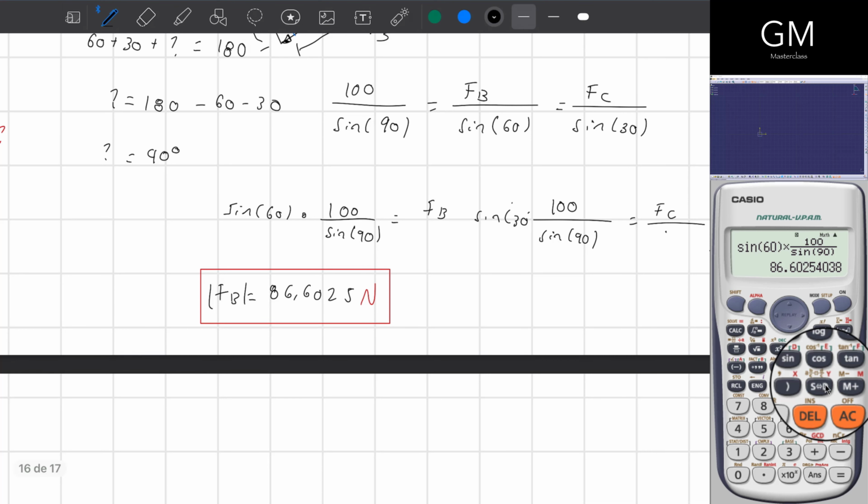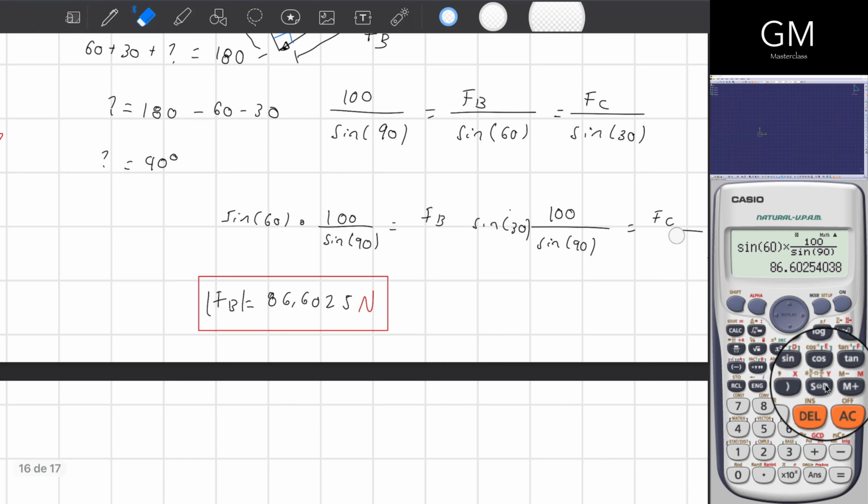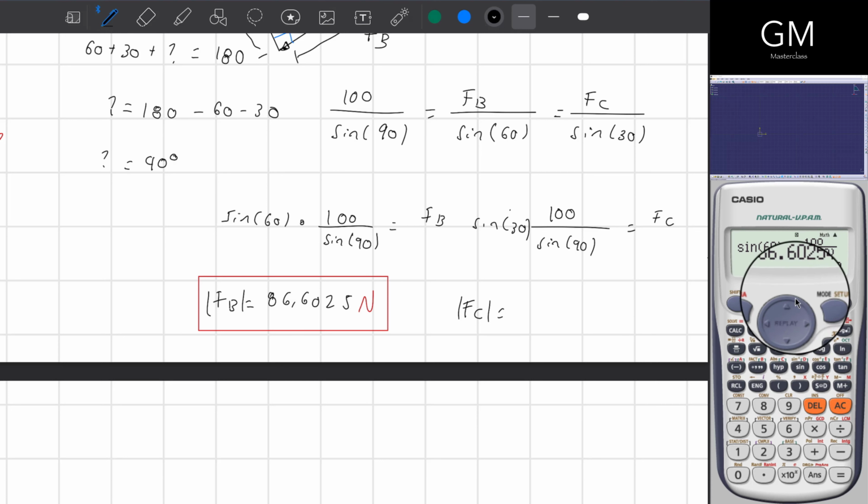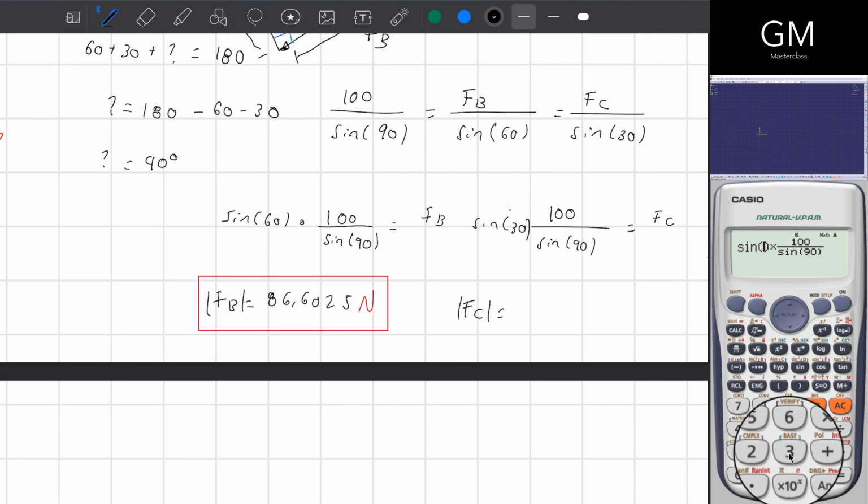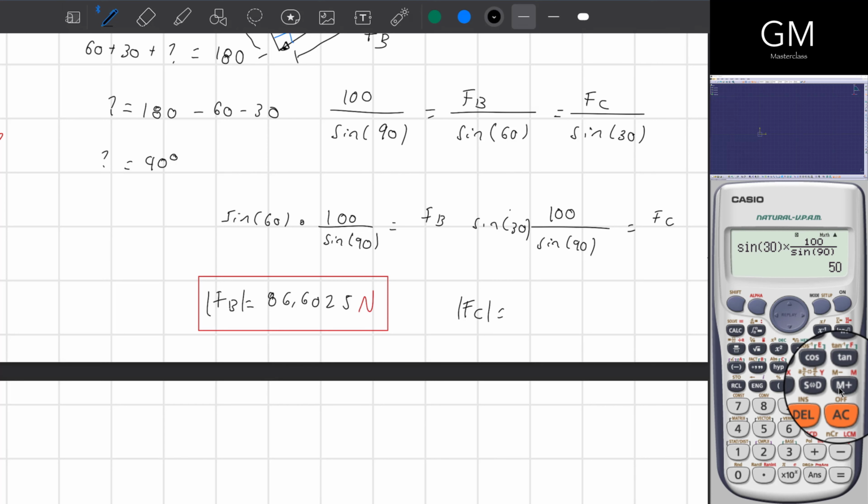And right here I have this, and I can erase this part. I want to make sure that you understand how I solved the equation. So the magnitude of FC is equal to, in this case, the sine of 30, and that would be all. This is equal to 50 newtons, and that's it, guys. This is how you can solve this exercise.